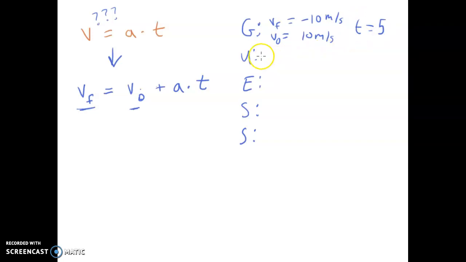If instead of asking for the displacement, I was asking, well, what is acceleration? In this case, the equation is VF equals V naught plus AT.